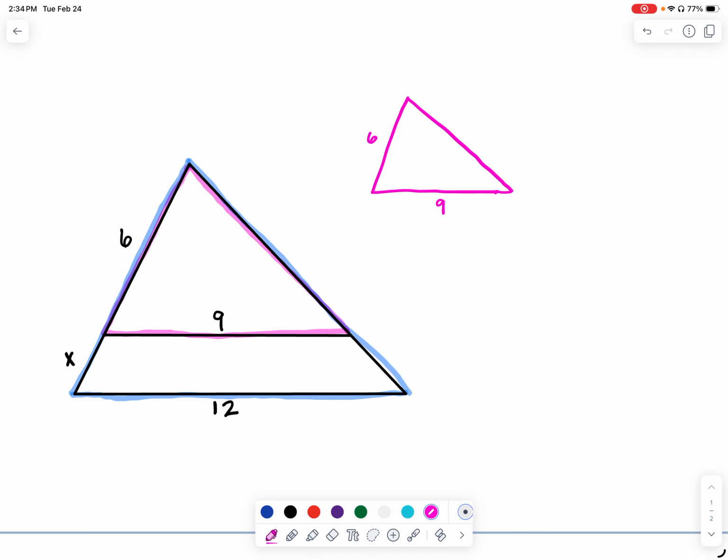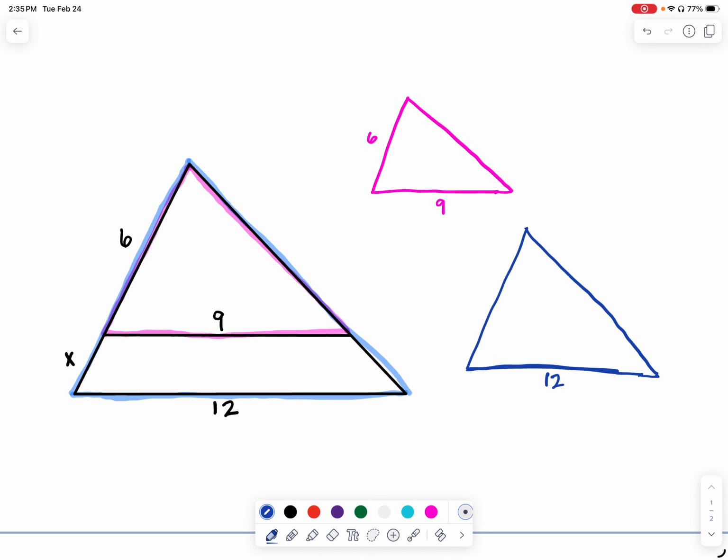If I redraw that one and think about the lengths of its sides, I can see that the bottom side is 12. Sorry that triangle looks so crummy. Don't judge that triangle. But that bottom side is going to be 12.